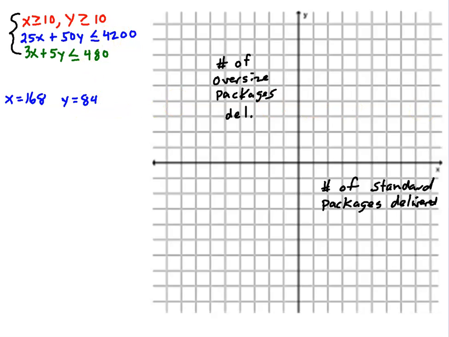Now for the green, same thing. So let's see, the x-intercept, pretty easy. If we divide 480 by 3, that's going to be 160. And the y-intercept, if we divide 480 by 5, that's 96. Okay, so looking at what we have, I believe we have 1, 2, 3, 4, 5, 6, 7, 8, 9, at least 9 visible.